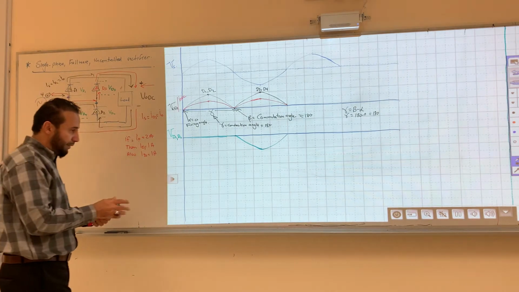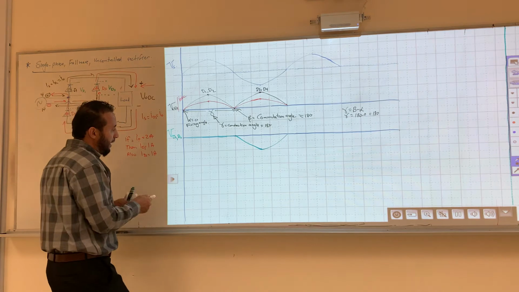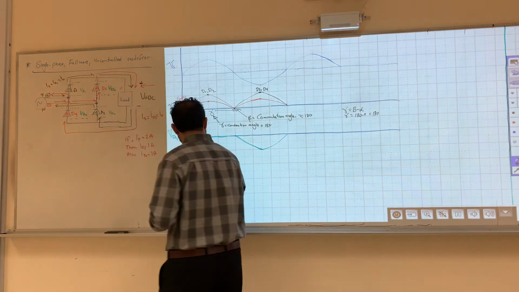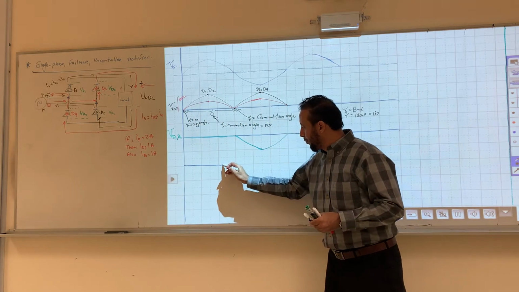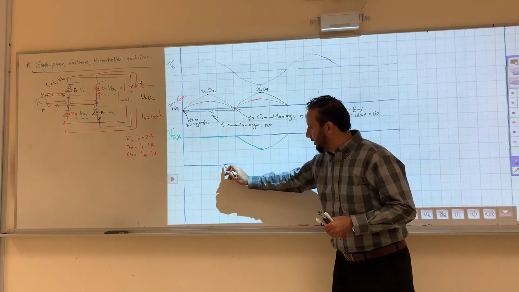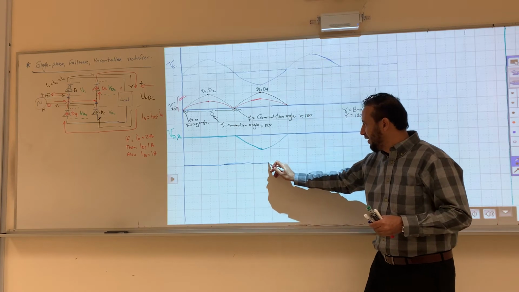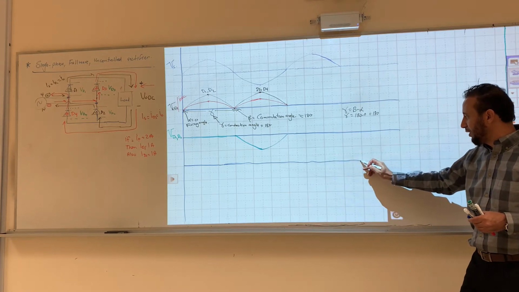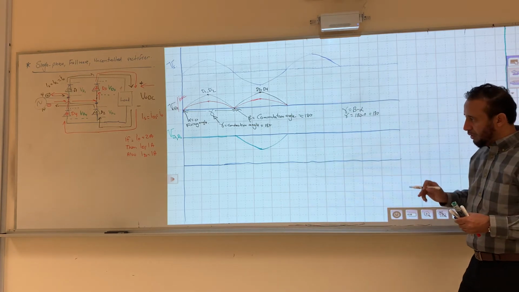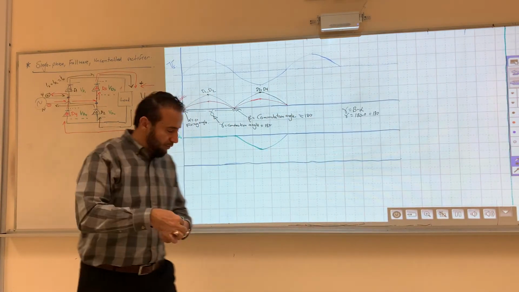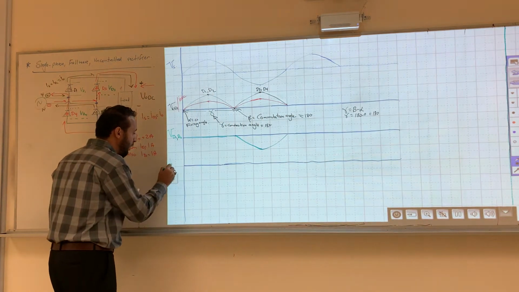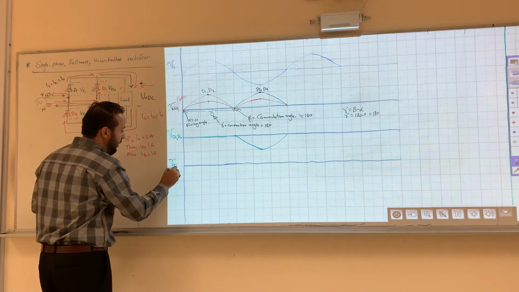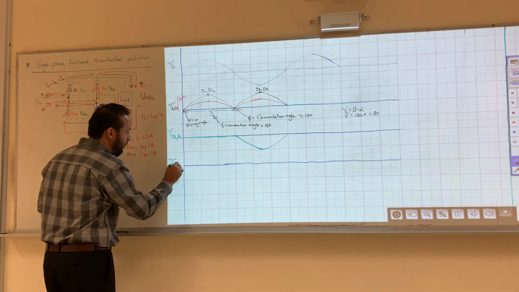Now let's look at, okay, I'm trying, because I want you guys to see the drawing, that's why I'm drawing it this way. Okay, now I want to draw V diode 3 and V diode 4.